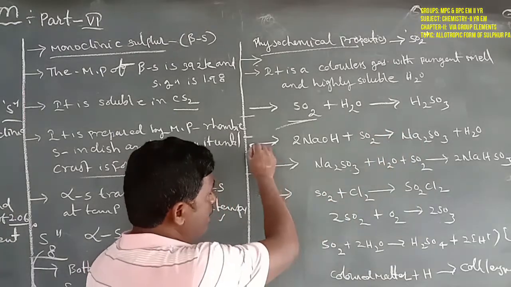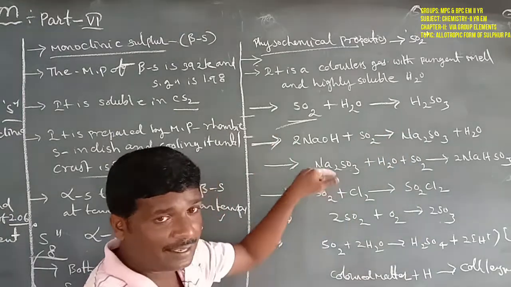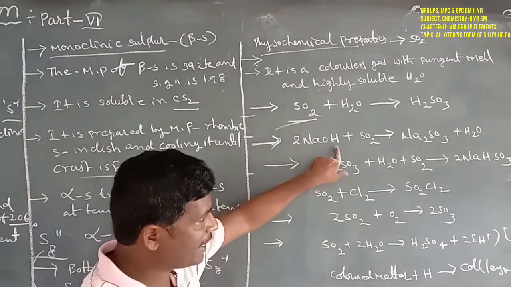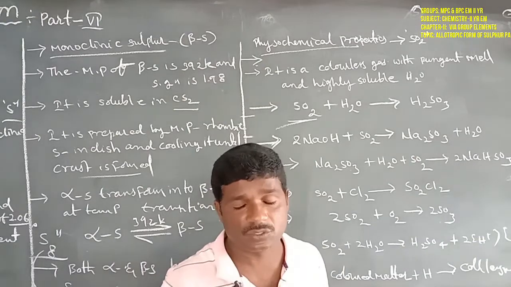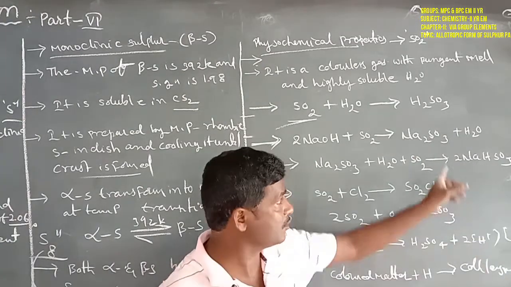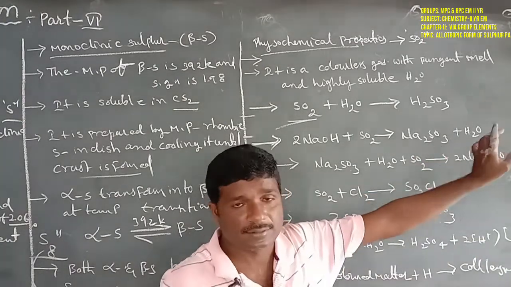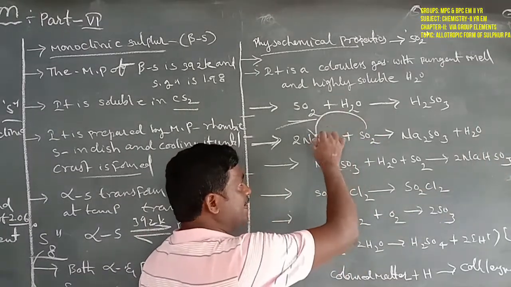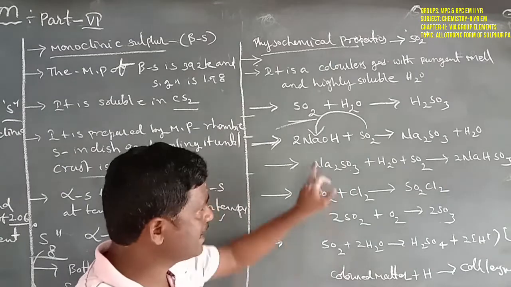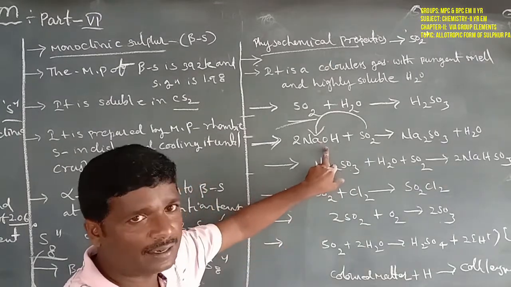Next property: sulfur dioxide reacts with sodium hydroxide, also known as caustic soda, to form sodium sulfite, Na2SO3, and water.